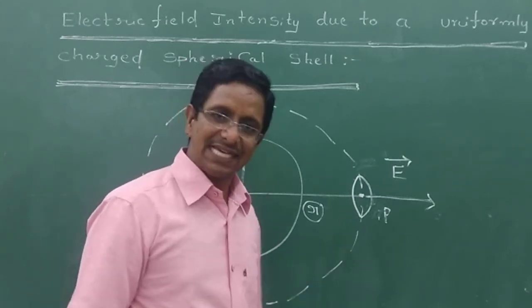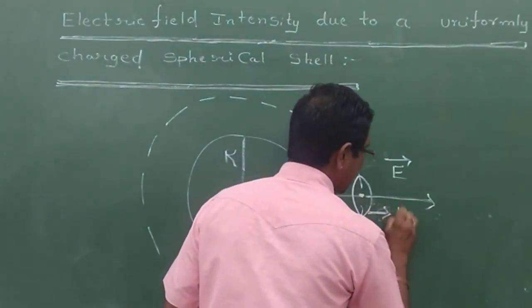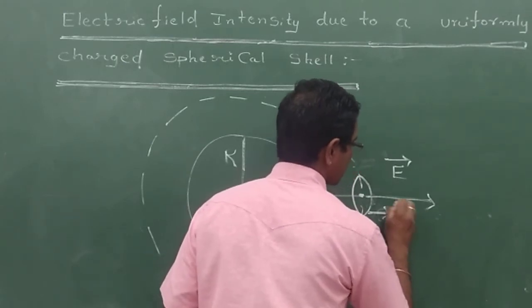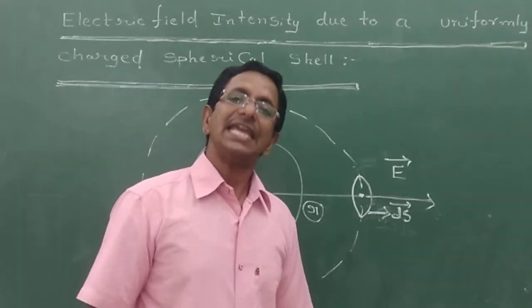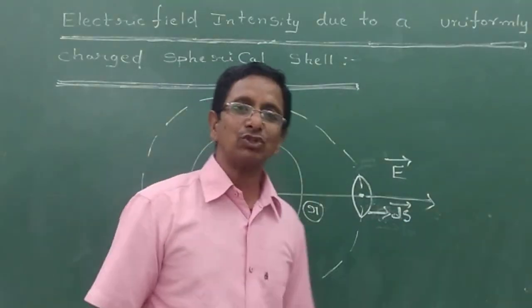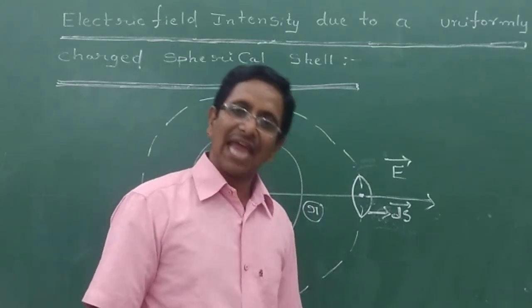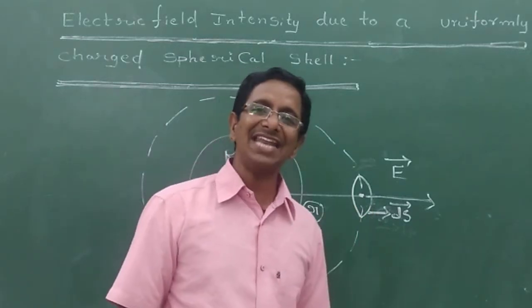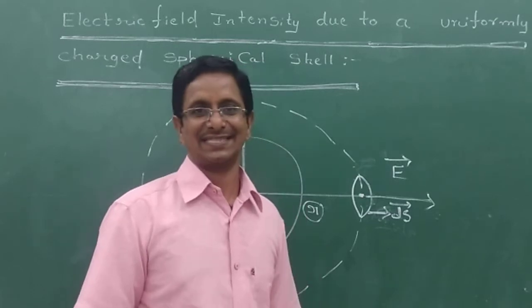This is ds. That ds is parallel to the electric field. Therefore, the angle between the electric field and the small area element is 0 degrees.